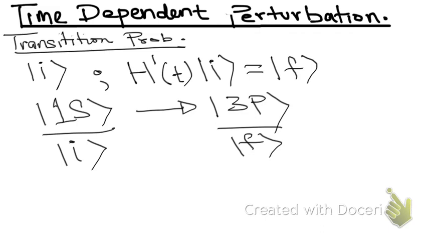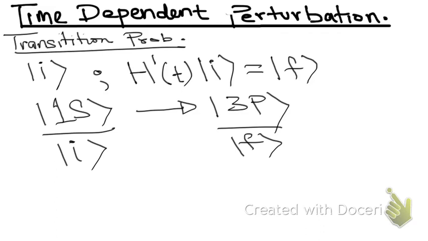So what is the probability that the hydrogen atom will go into the state 3p? Because it could have gone into any other state, but say that specifically it goes into 3p, what was the probability that it would do that?